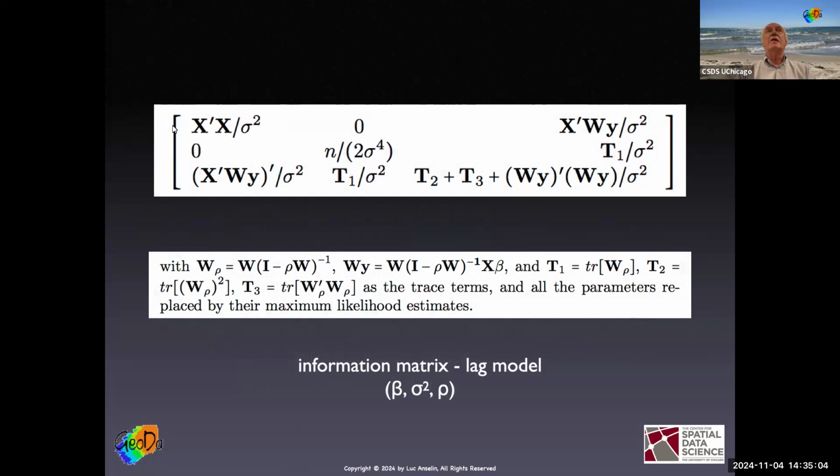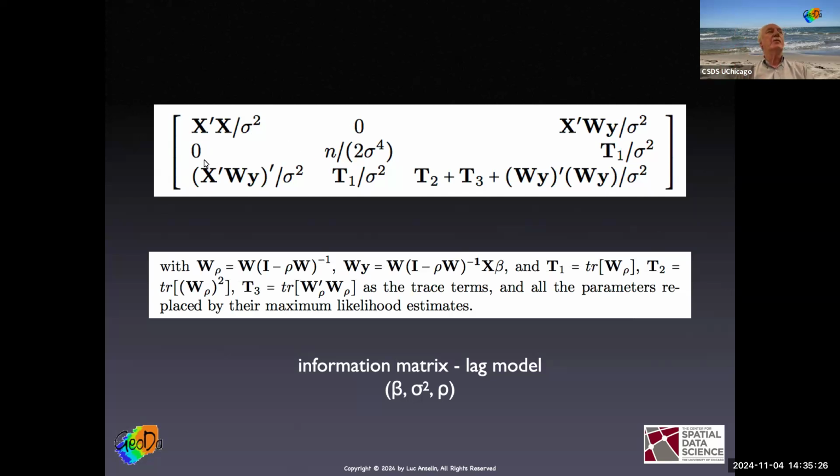In the least squares case, remember sigma squared (X prime X) inverse, that's the inverse of this part. So that's the classic least squares case. This pertains to the beta coefficients. This pertains to sigma squared.